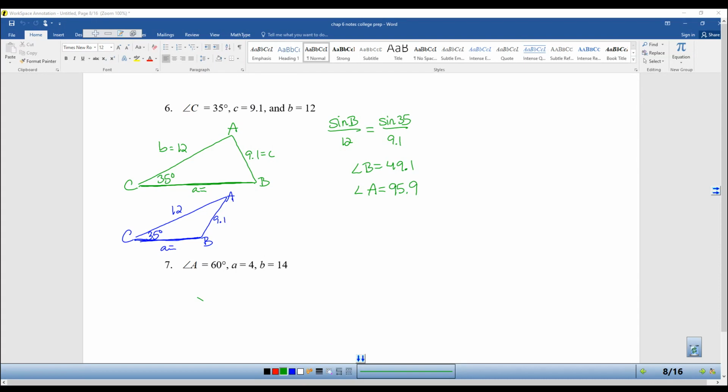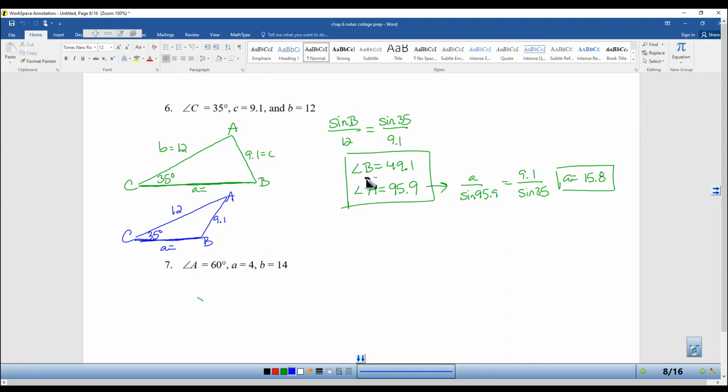So then I can use that to find side A. So A over sine of 95.9 is equal to 9.1 over sine of 35. And A is going to come out to be 15.8. All right, so I've got all three pieces that were missing.